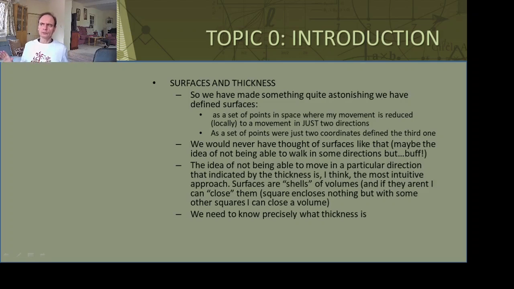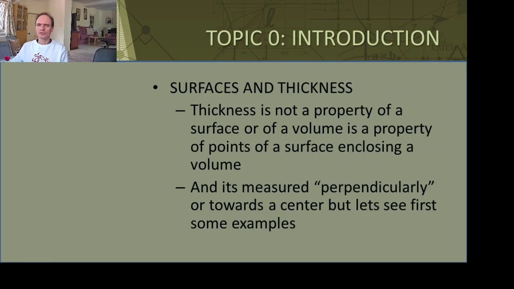So we all intuitively know what a surface is. We all intuitively know what thickness is. If we have this roll here, we all know that the thickness of this at this point is this one. This one I am measuring with my two fingers. But in some situations, it's not so intuitive.